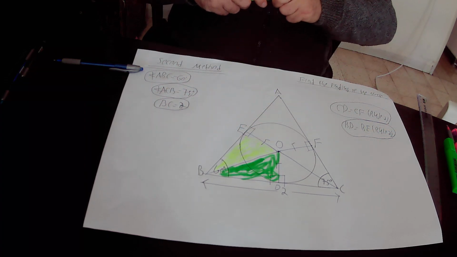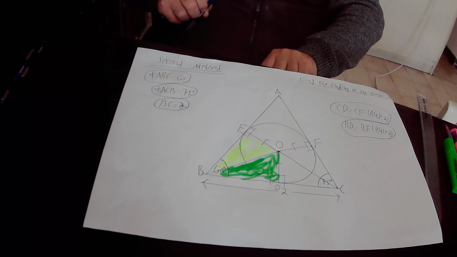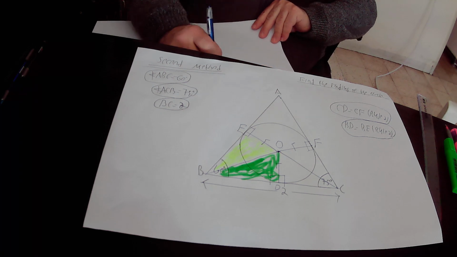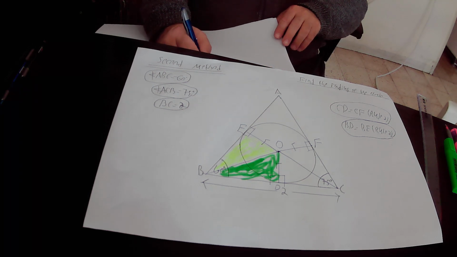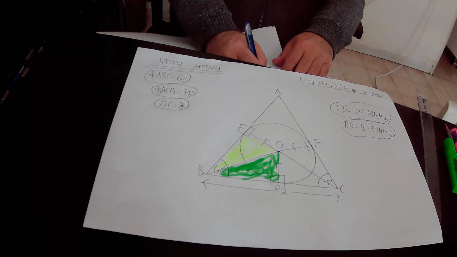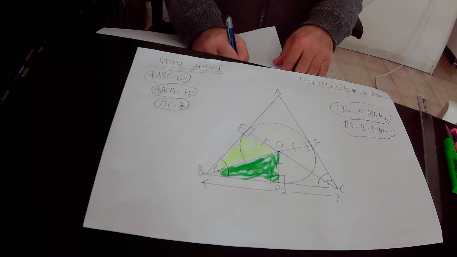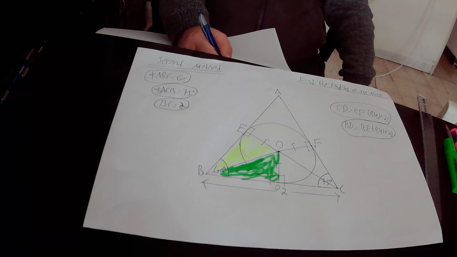So I write it down. We'll prove that the right green triangle BOD is congruent to the right yellow triangle OBE.